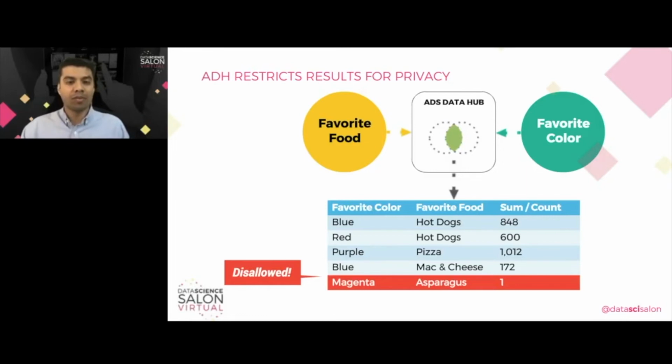Both of the companies will try to make sure that the other company does not get to know about their customers' preferences. So Ads Data Hub will not allow the last row, magenta and asparagus, to get extracted, and it will not be shared with anybody. That's how we look at aggregation requirements, static checks, and differential privacy checks at the same time.